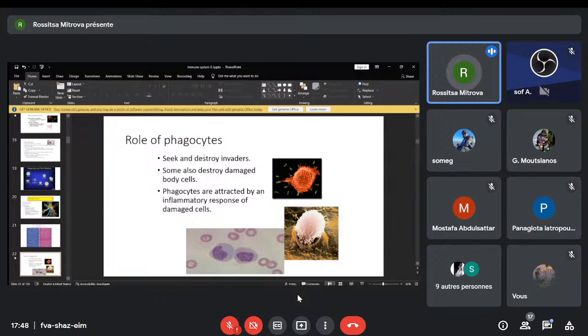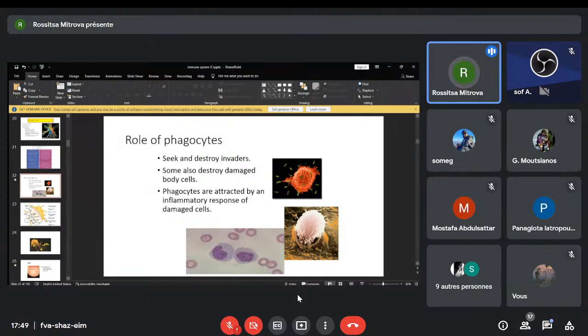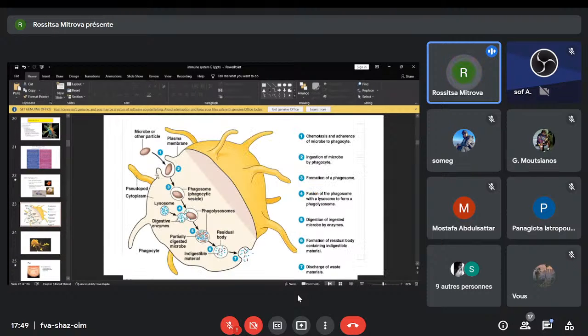So the role of phagocytes is to seek and destroy invaders. Some also destroy damaged body cells, and they are attracted by the inflammatory response of the damaged cells. Here is the detailed process. First you have chemotaxis and adherence of the microbe to the phagocyte.